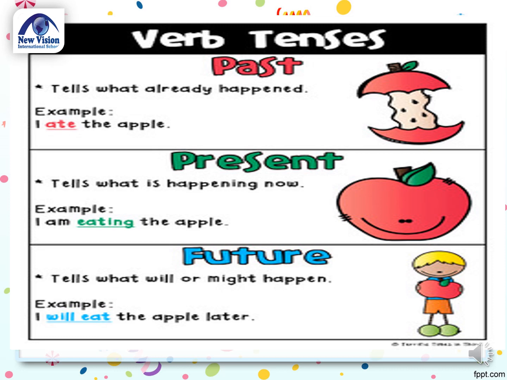Past tells what already happened. Example, I ate the apple. Present tells what is happening now. Example, I am eating the apple. While future tells what will or might happen. Example, I will eat the apple later.